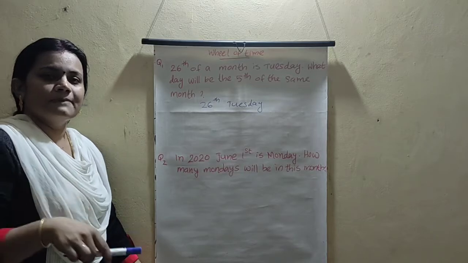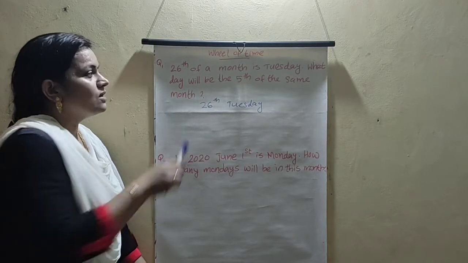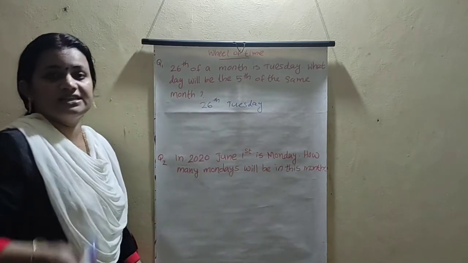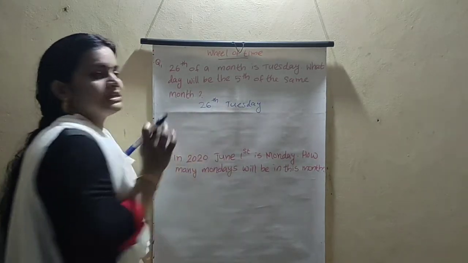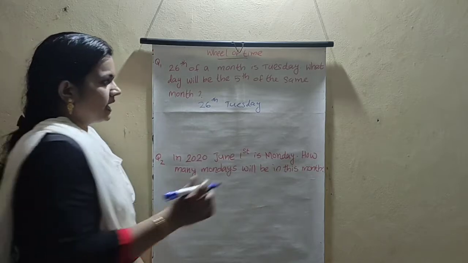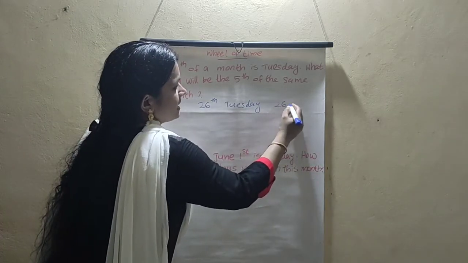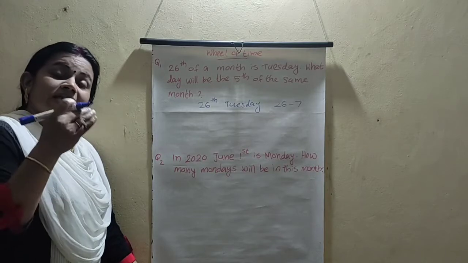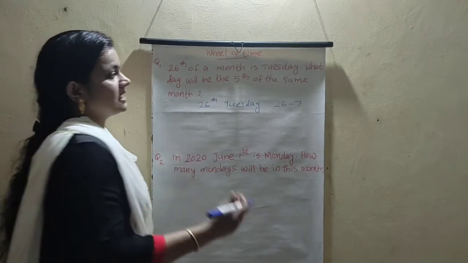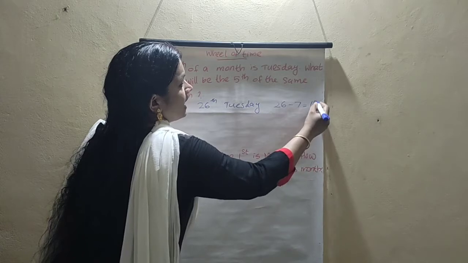5th of the same month, which day? We want to find out which day the 5th of the same month is. Okay, how to find out that? 26th is Tuesday. So we can do one thing, 26 minus 7. 26 minus 7, we will get the same day. 26 minus 7 is equal to 19.